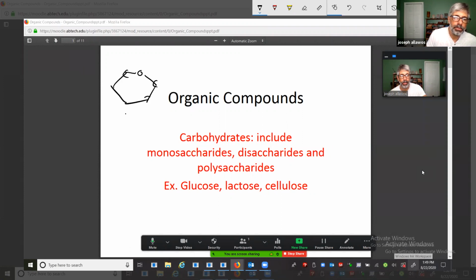These are carbons. There's the carbon here. And then coming off of these carbons are hydrogens and oxygens, hydrogens and hydroxyls.